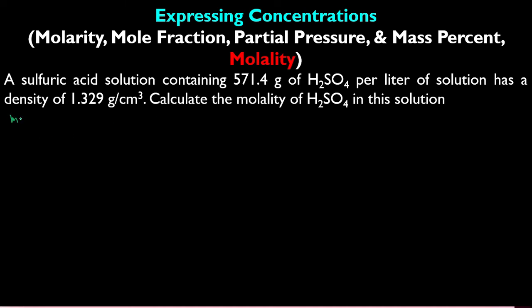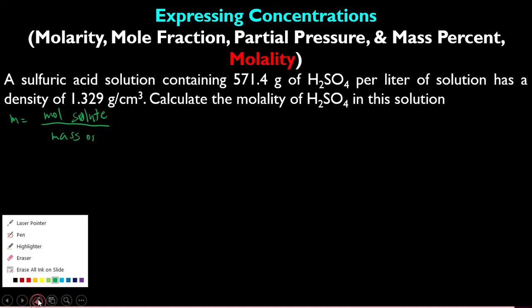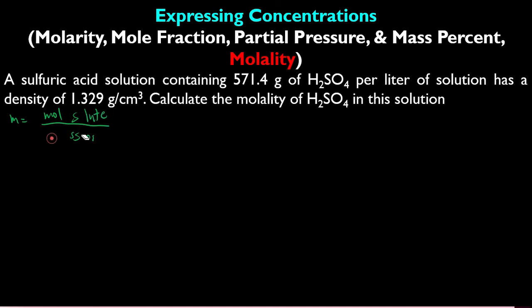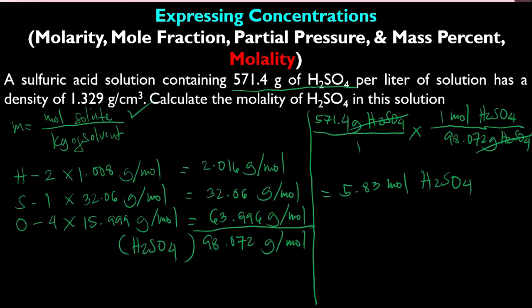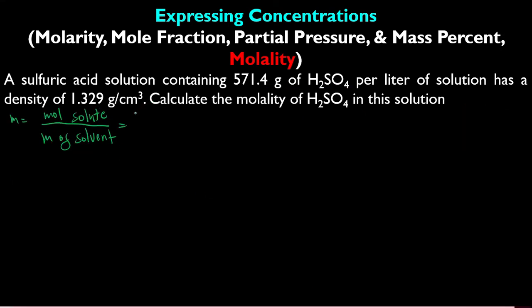Again, let me write first the formula: mole of solute over the mass of solvent. We have the mole of solute, which is 5.83 moles. What we need to find is the mass of solvent, in terms of kilograms.